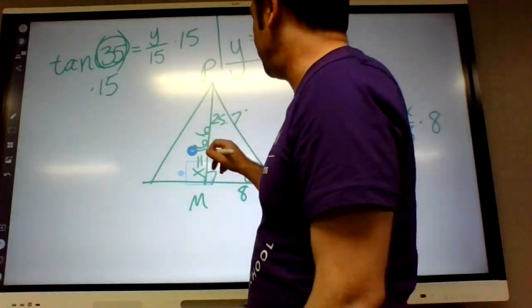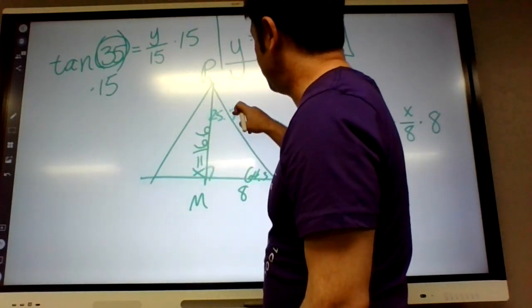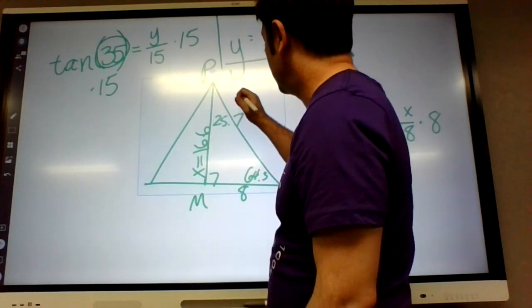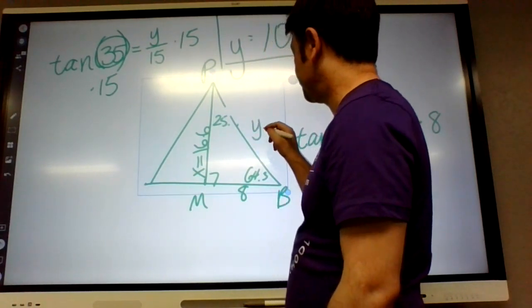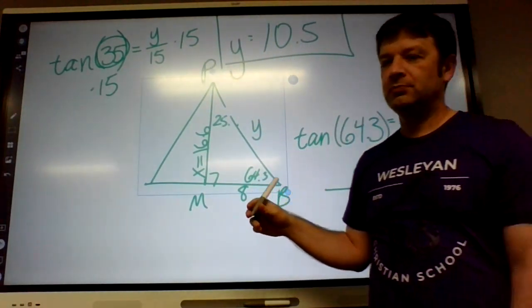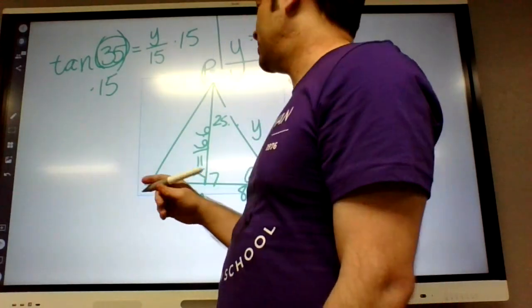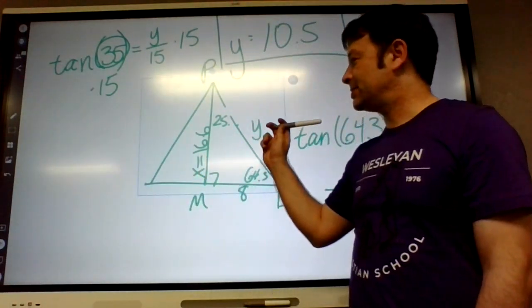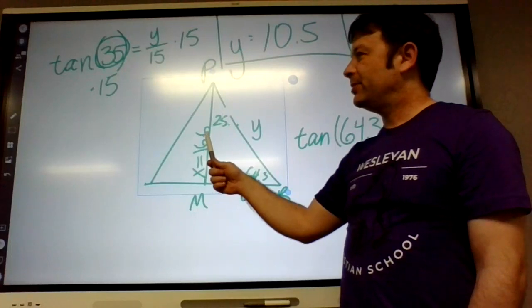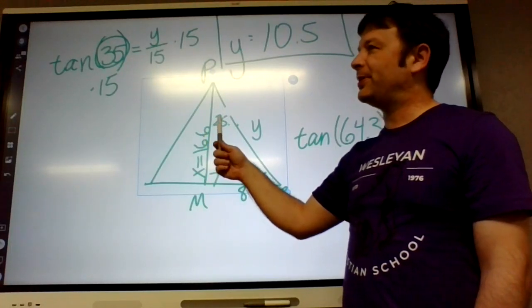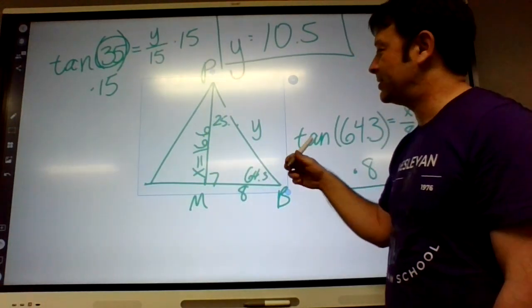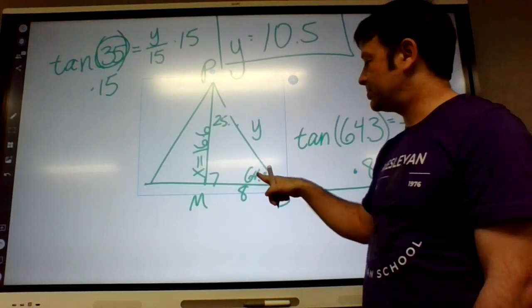Then it says find PB, which is this thing right here. We could do 16.6 squared plus 8 squared, but let's not do that, because if you use a rounded-off answer, you're less likely to be accurate. So let's use trig again.